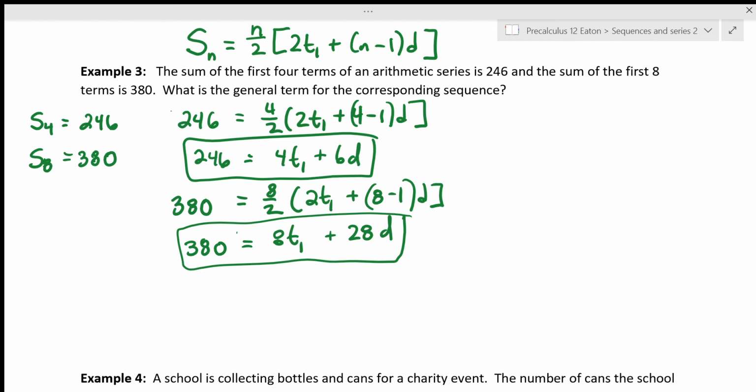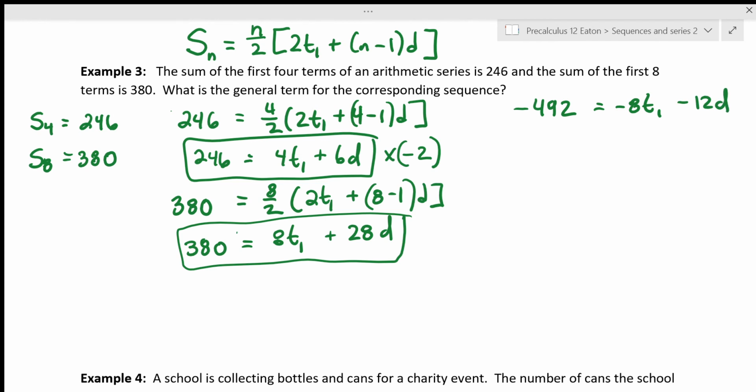Because we're using the sum formula, this doesn't line up for an easy elimination like the term formula, but I notice if I multiply my upper equation by minus 2, I will get a negative 8t1, and I can just add the 2 equations together to eliminate the t1s. So I get negative 492 equals negative 8t1 minus 12d.